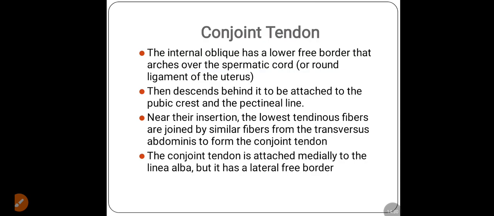So, what is a conjoined tendon? It is the lower free margin of internal oblique and transversus abdominis, where it arches in the male above the spermatic cord, in the female above the round ligament of the uterus. This conjoined tendon attaches to the pubic crest and pectineal line. Okay?